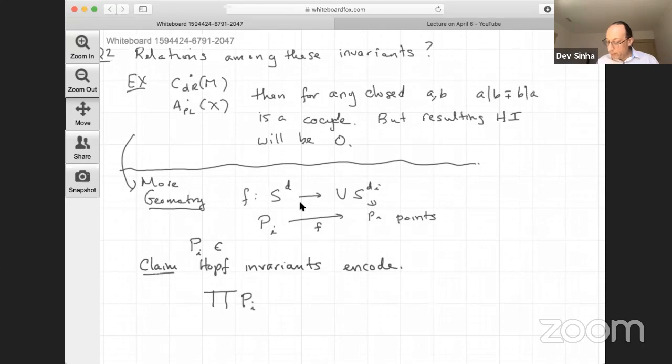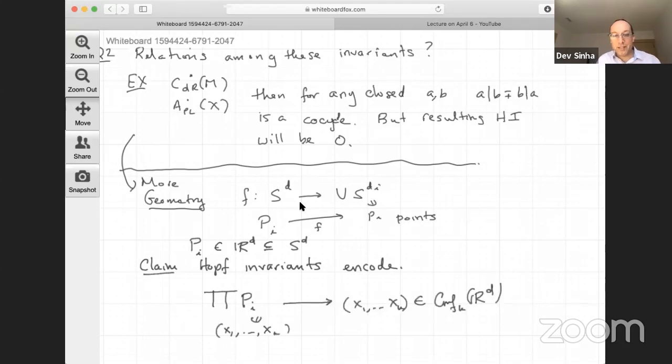So if I take the product of those, and then I'll just look at x_1, however many there are, x_k in here, then I can remember that they're inside R^D and get a configuration.